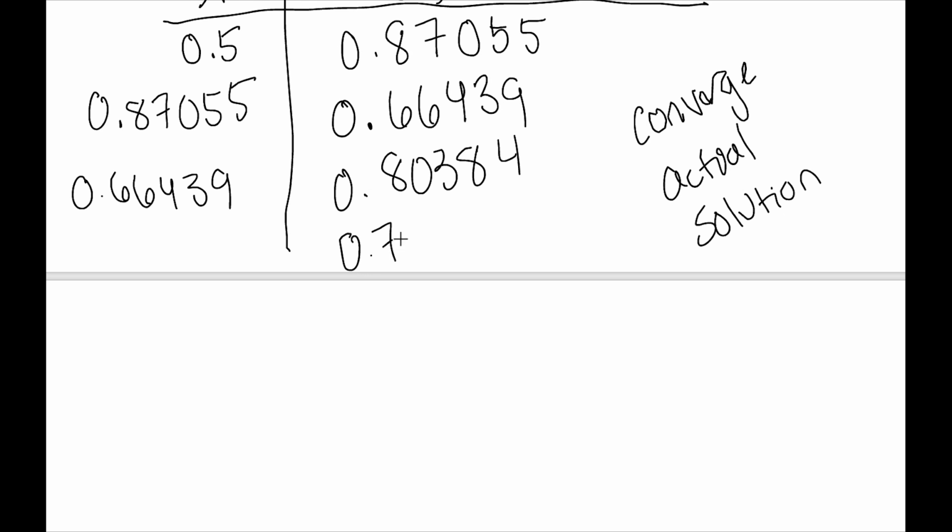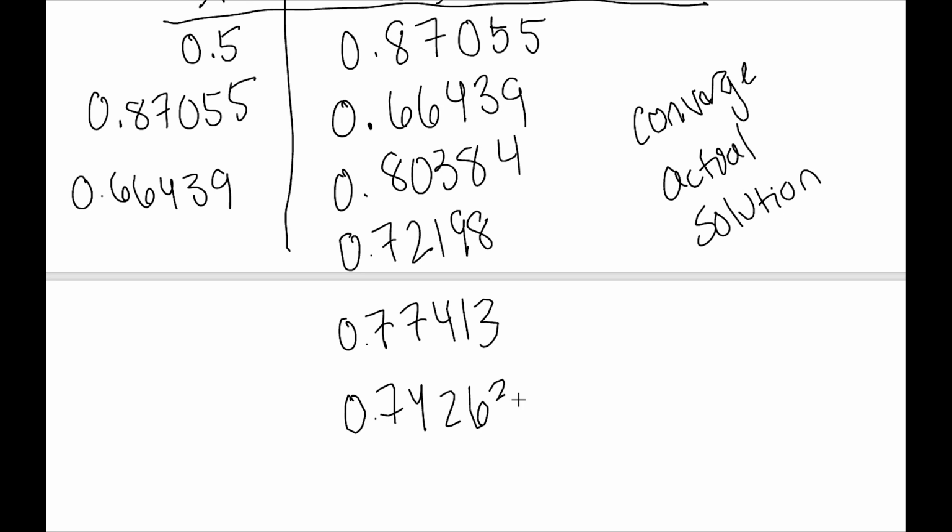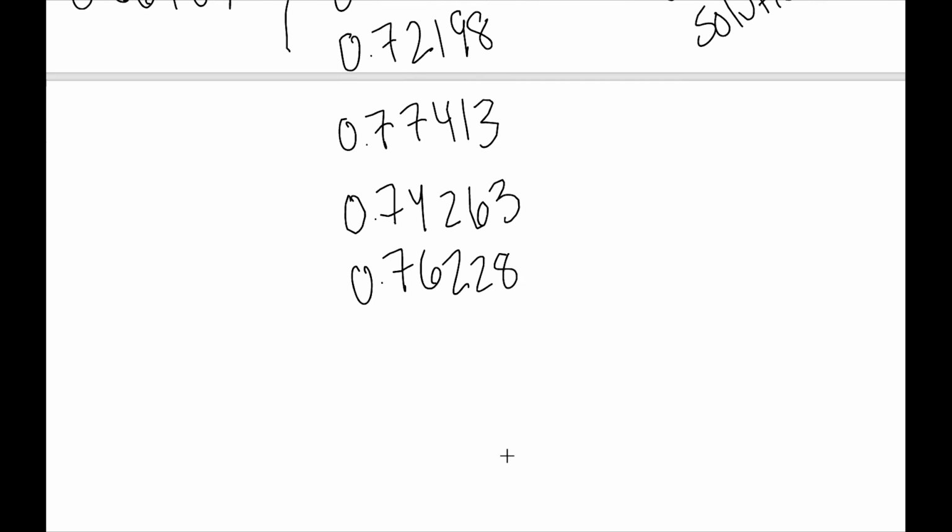I got 0.72198, 0.77413, 0.74263, 0.76228, so 0.74 would round to 0.7. 0.76 would round to 0.8. So those aren't close enough yet.